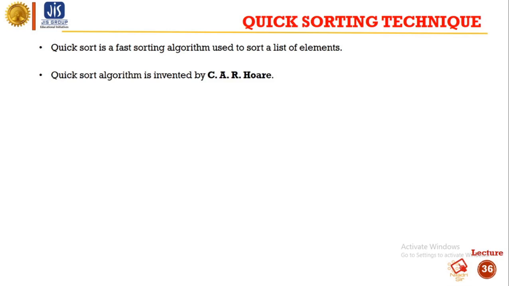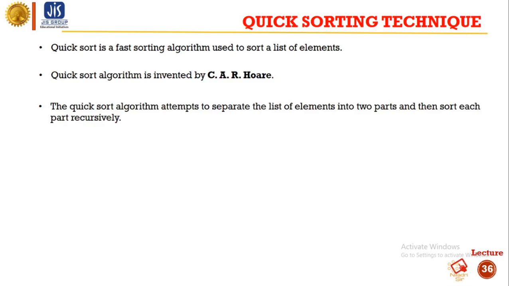The quicksort algorithm attempts to separate the list of elements into two parts and then sort each part recursively. So it first divides the list into two parts, and after that, it sorts those two parts.